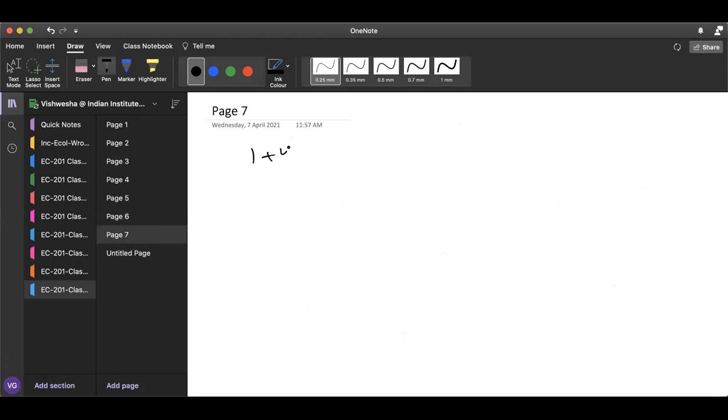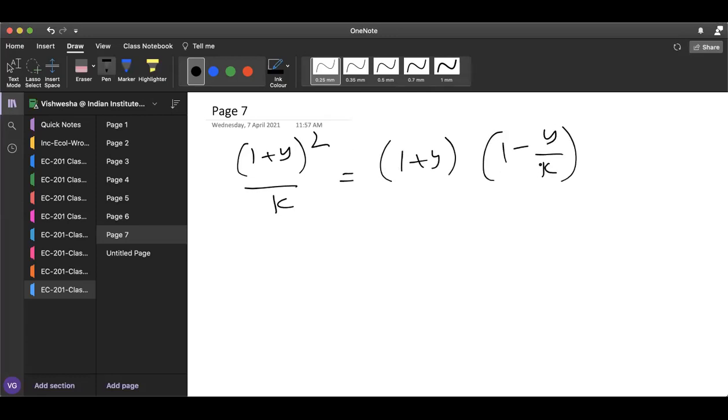1 plus y whole square by k is equal to 1 plus y into 1 minus y by k. Now this cancels, so therefore 1 by k plus y by k is equal to 1 minus y by k. Y by k I'm going to take on the same side because eventually I want to solve for y, right?